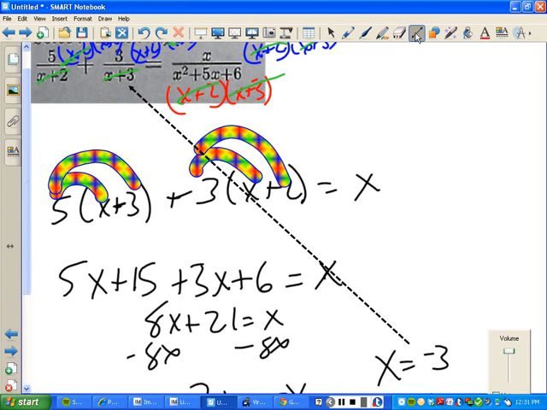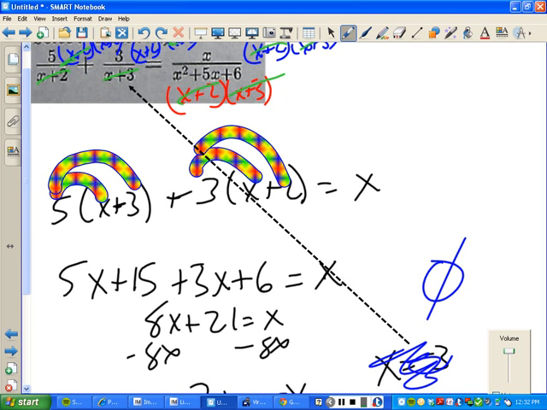So this answer is no good. No solution. Can we just put like x equals negative 3 and put a line through it? Would you understand that? So it has to be 0 and then the line. Or can we write no solution? You can write no solution too if you want to.